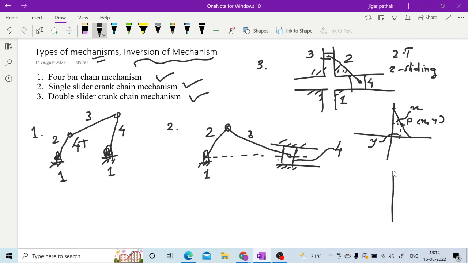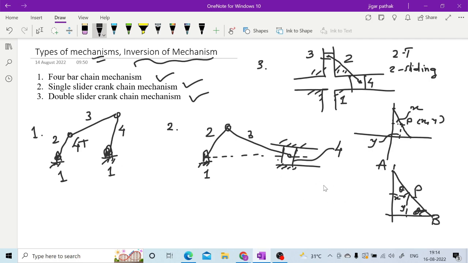So this angle is theta at both the places, here as well as here, right? This point is P, and let us say this as A and this as B. So this horizontal distance is x and vertical distance is y, right?